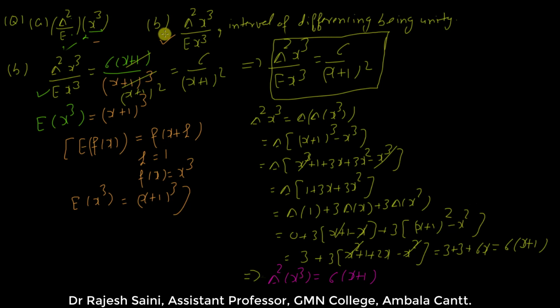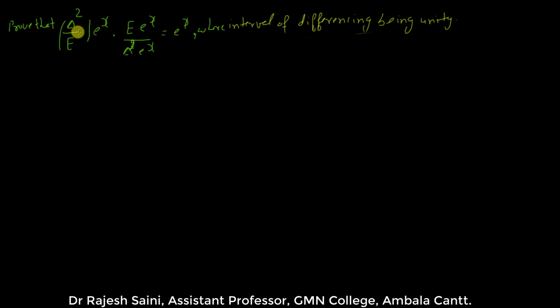Now we will take the next problem, the last problem, based upon the properties. In this problem we have to prove that this quantity is equal to e raised to the power x, where the interval of differencing is unity.